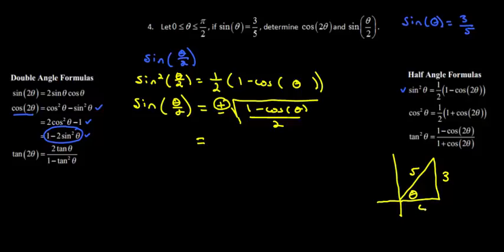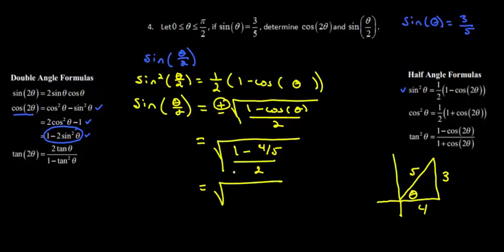So that means the adjacent side has to be length 4, and it's positive because I'm headed in the positive x direction. So this is going to be the square root of 1 minus 4 over 5, because that's the cosine value, divided by 2. So this is 5 over 5 minus 4 over 5, over 2.